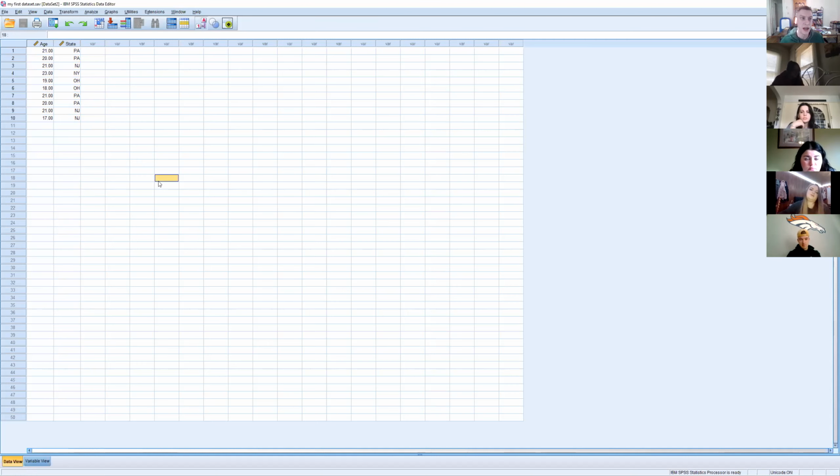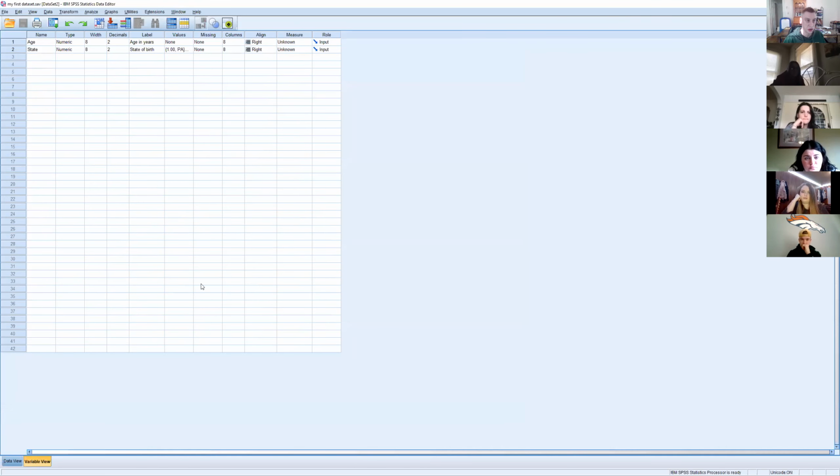I want to make another nominal variable for you, just so you remember how to do this. Down here at the bottom of the screen it says variable view. If you click that, it'll go to this screen, where we can input characteristics for our variables.